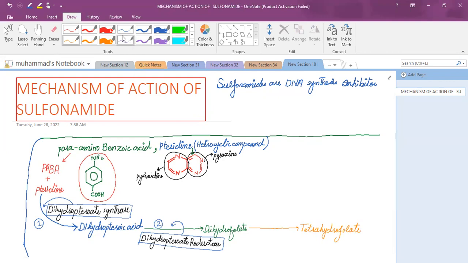This conversion of dihydrofolate into tetrahydrofolate is supported by an enzyme that is called dihydrofolate reductase.